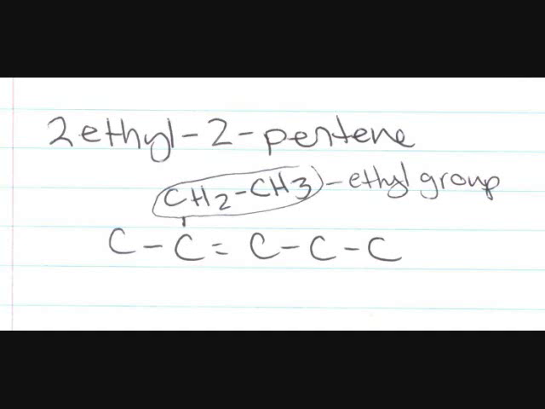All right, so then what does an ethyl group look like? 2 carbons. CH2, CH3. So there's an ethyl group off of the carbon, and there's an ethyl group off of the other ethyl group? No, because this carbon is attached to this carbon, and this is the ethyl group. 2 carbons is the ethyl group.